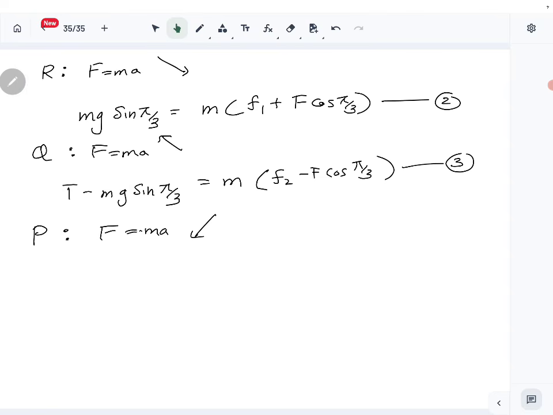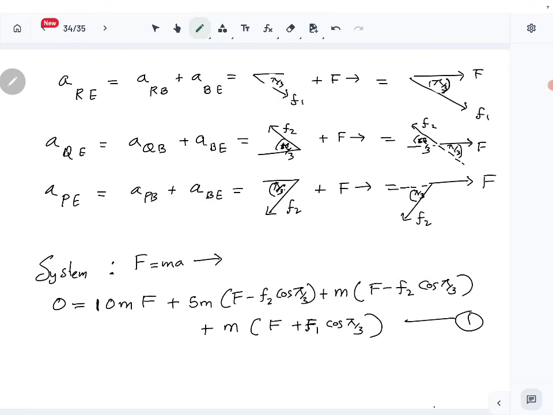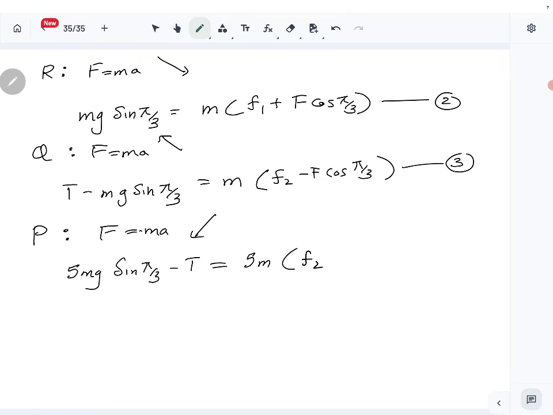So 5mg sine pi over 3 minus tension equals 5m acceleration component, which is F2 down positive, and this one is again angle pi over 3, so capital F cos pi over 3 negative, so F2 minus F cos pi over 3. So that is equation 4.